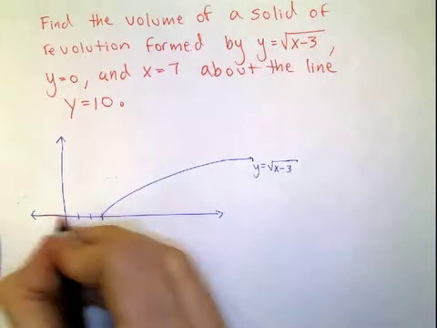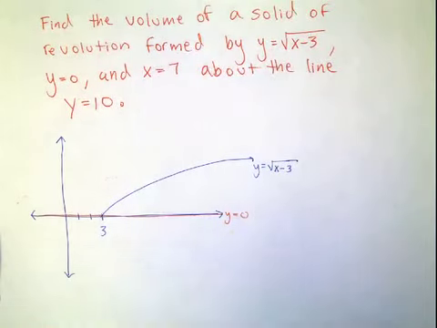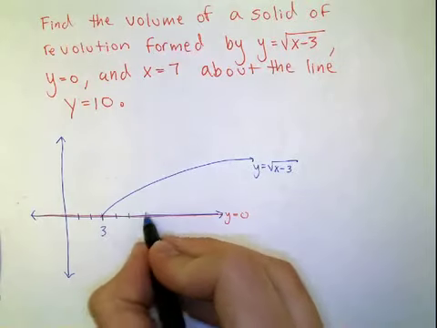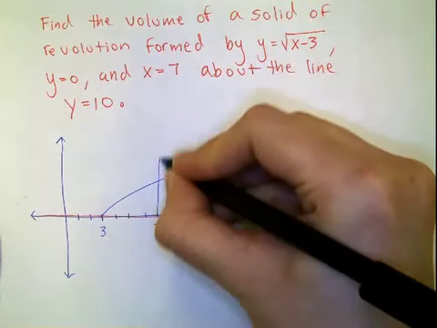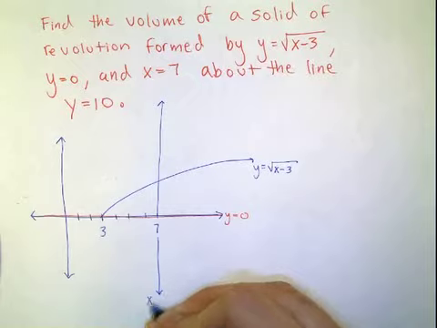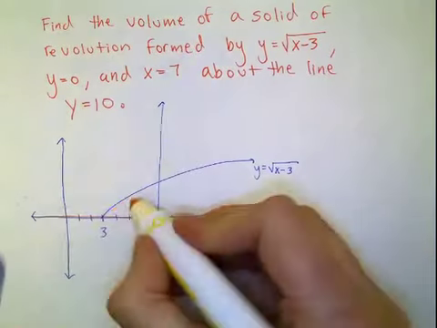That's y equals 0. It's bounded by x equals 7. So here was 3, 4, 5, 6, 7, we'll say. It's bounded by this line right here. X equals 7. So I can see my shaded region. It's right here.